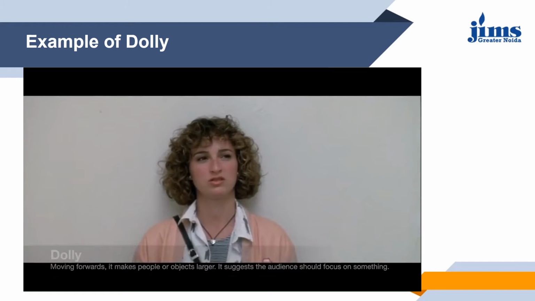So these were some examples of dolly movement. Next one is track.